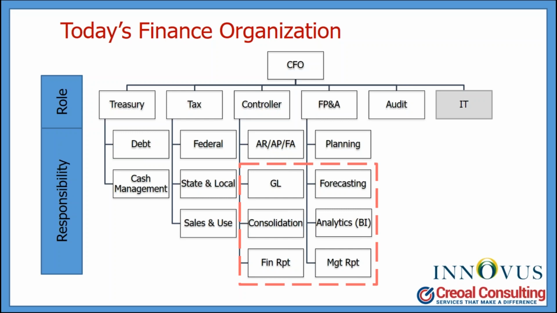Under the controller, those are the people responsible for closing the books, doing your financial reporting, and doing your consolidation. The FP&A folks are concerned about forecasting, analytics, and management reporting. They can't do their job until the folks under the controller do theirs. So the longer it takes to get our books, the longer it takes FP&A to do the management reporting and get their budgets revised and forecasts done.